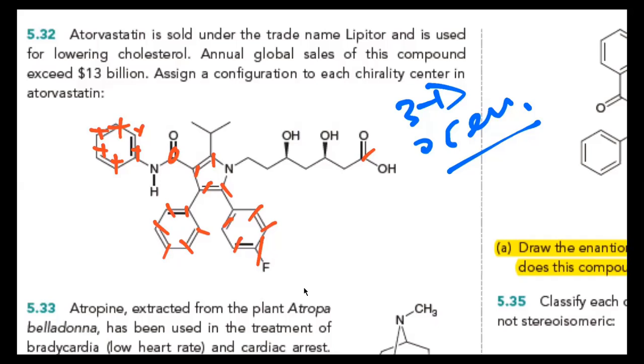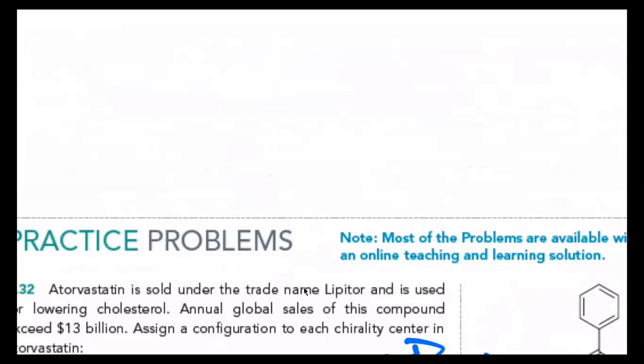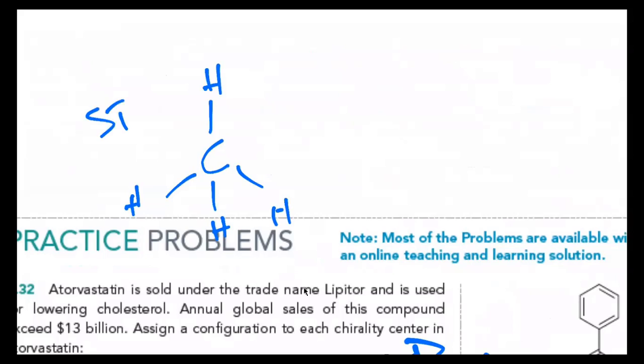Let me show you the difference. So let's say I have a carbon like this, with 4 hydrogens on it, 4 groups. Follow? That's sp3.